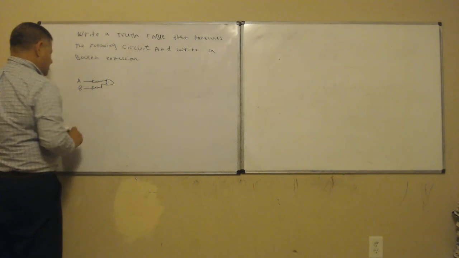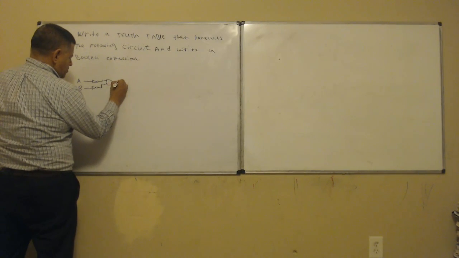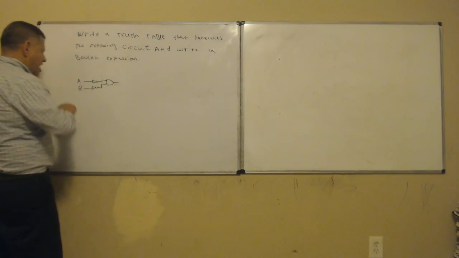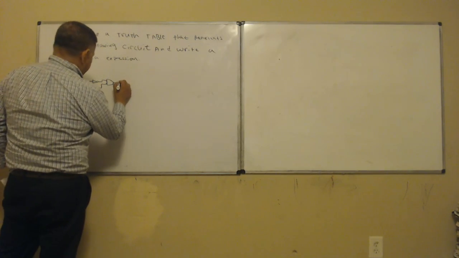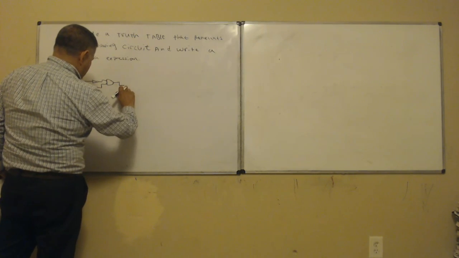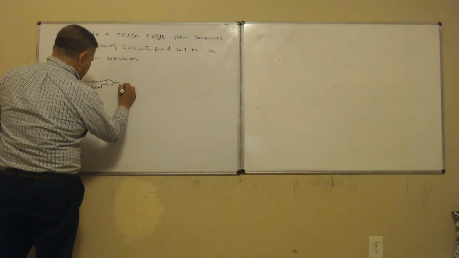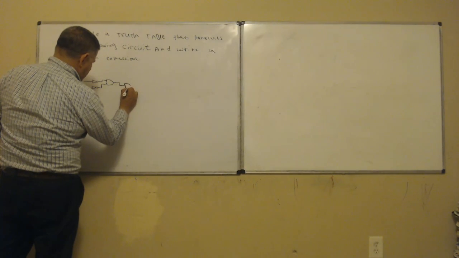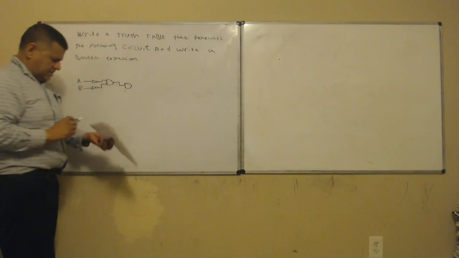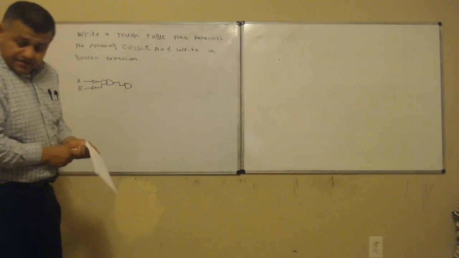Then right here another wire comes out, and I have an OR gate, like that. It's not easy to draw those little things, but you get the idea.